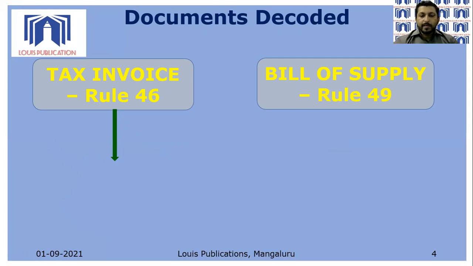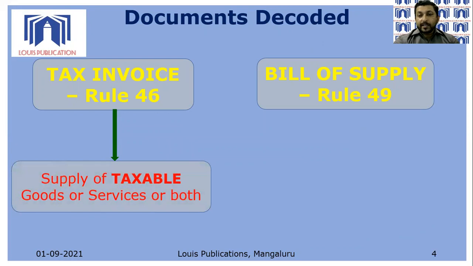So when the supplier is collecting GST amount in case of an outward supply, that is from his recipients, at that time compulsorily such a supplier will issue a tax invoice. So on supply of taxable goods or services or both, a tax invoice will be issued, and the tax invoice will compulsorily contain the GST portion.